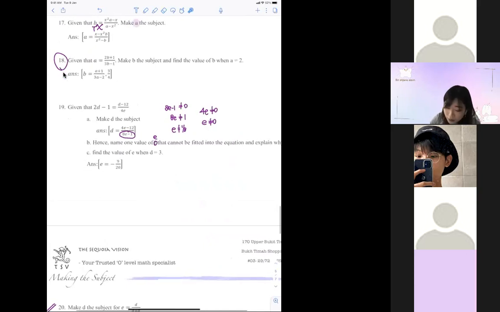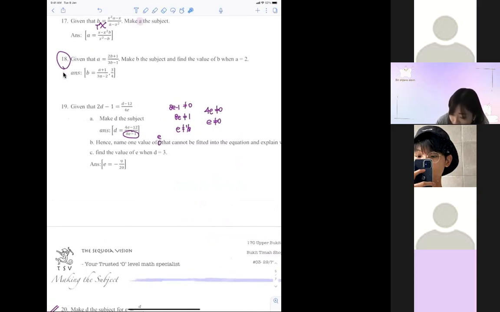Okay, question 19, let me go through if you got stuck here. So first thing again, you see a fraction, you cross multiply. Then, okay, subject one side, no subject one side.